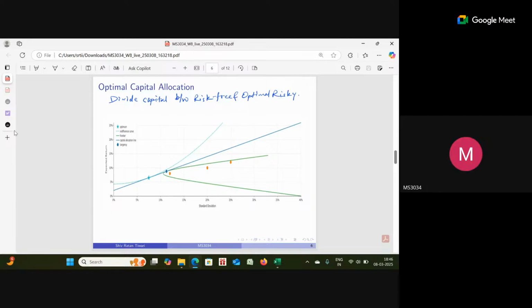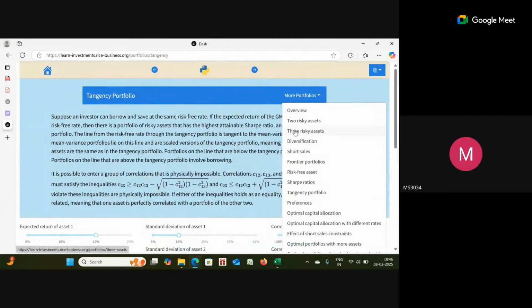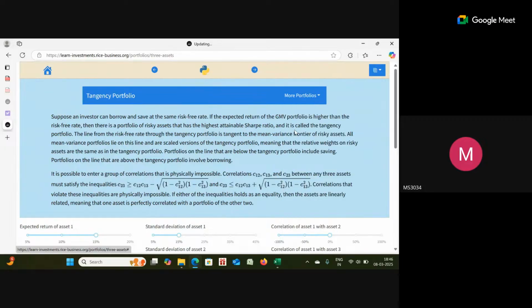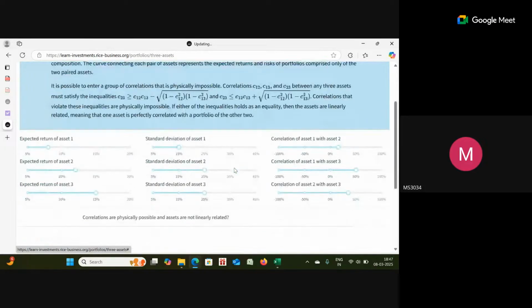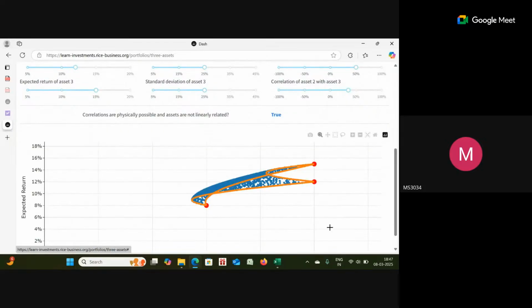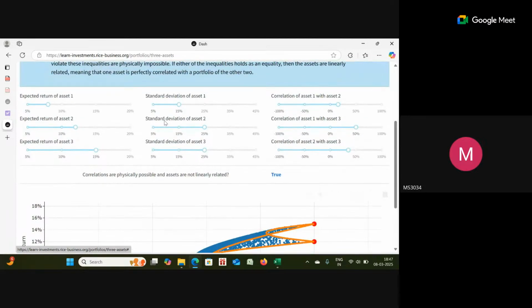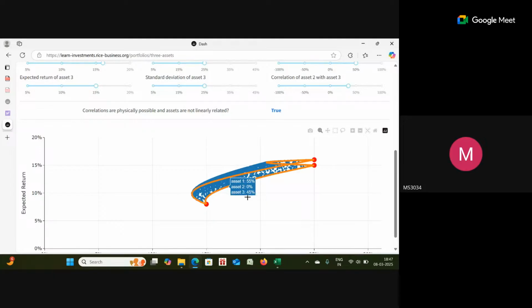Let me show you here also. If you go to the three risky assets case, here you see this set. In the three assets case, this minimum variance set will be the leftmost part of these blue dots. It is not going through this red dot, asset two. If you change the variables, you will see it will not go through the others also.